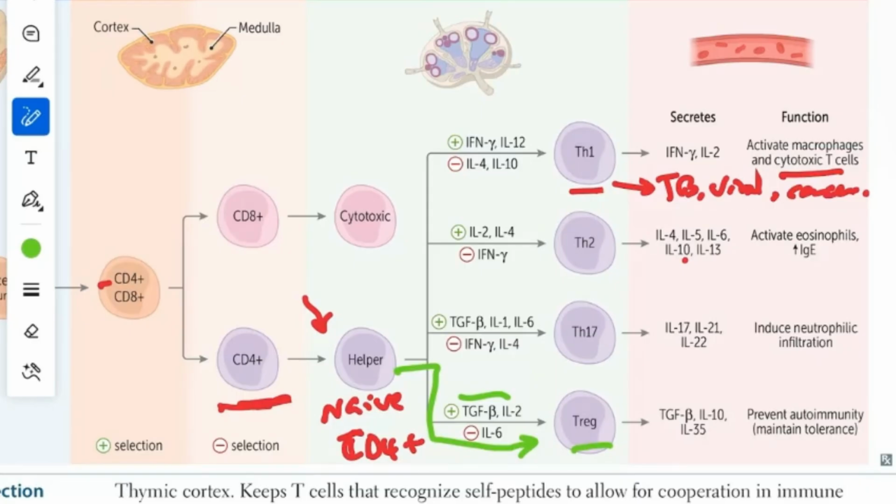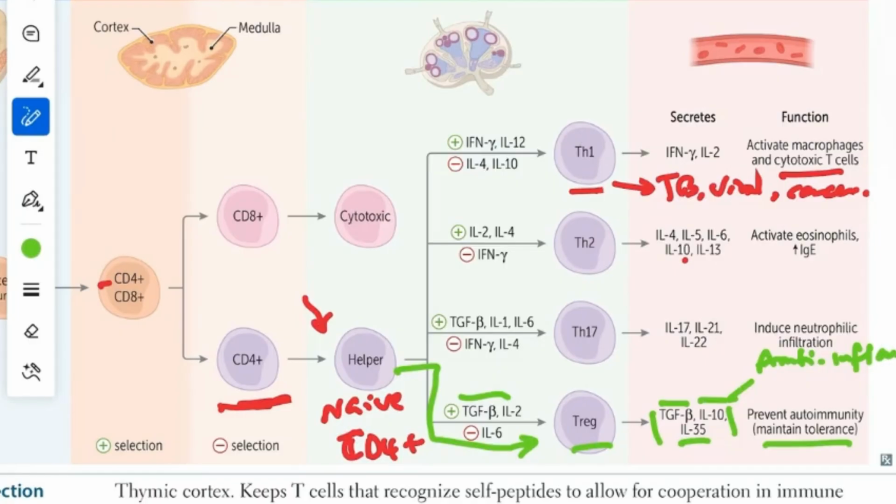That regulatory T cell will produce transforming growth factor beta, interleukin 10, and interleukin 35, which prevent autoimmunity and maintain tolerance. These cytokines are also anti-inflammatory cytokines, so they help to suppress inflammation.